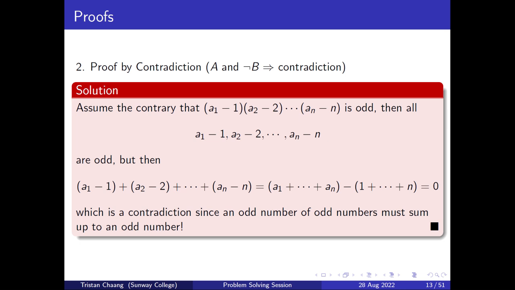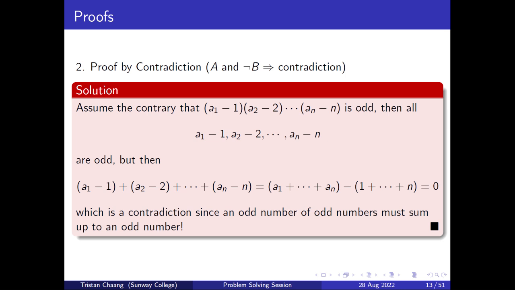So let's say we are in the situation where all of them are odd and see whether we get something absurd. One thing that is nice about this problem is that a1 to an is a permutation of 1 to n, right? That means if I add all n terms together, it must be 0, because a1 to an is just some rearrangement of 1 to n.